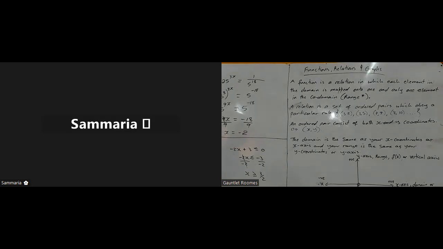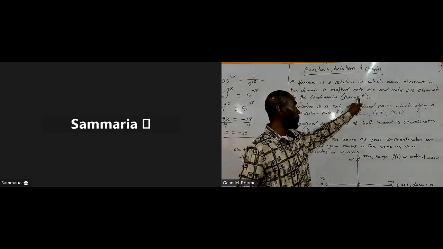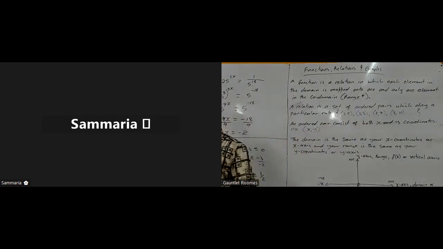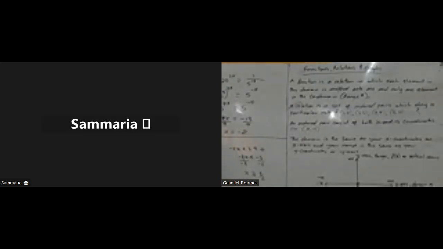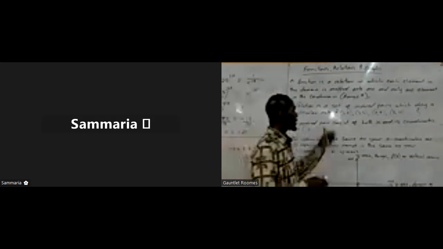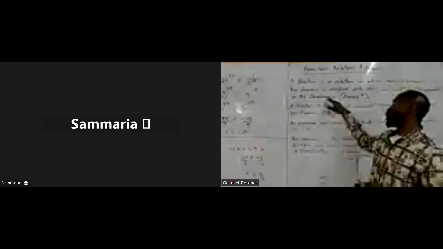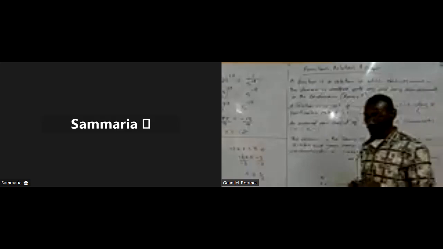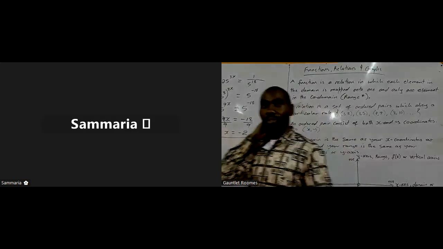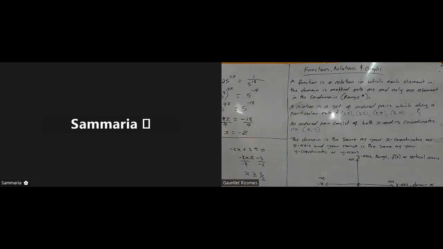And if you notice, in brackets I put range and I put an asterisk beside it. That asterisk is there because I am indicating that codomain and range are not the same thing. They are different.